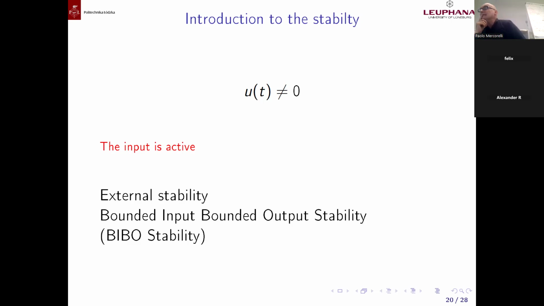BIBO means bounded input, bounded output. It is the case of U not 0, exactly what I am trying to tell you now. Or external stability. Or, if you want, forced answer. Do you remember? Just to reconnect the concept which I introduced at the beginning of the semester.